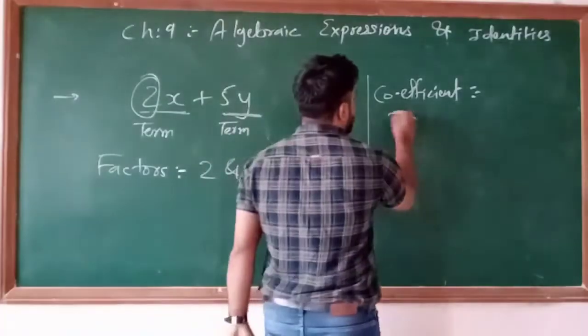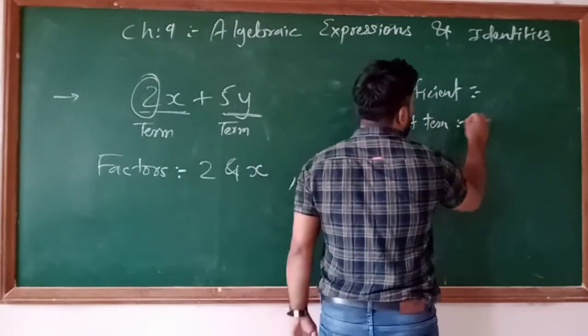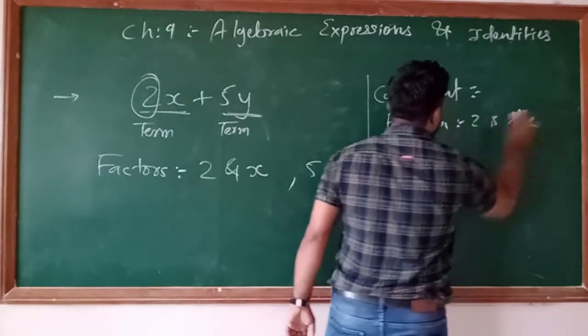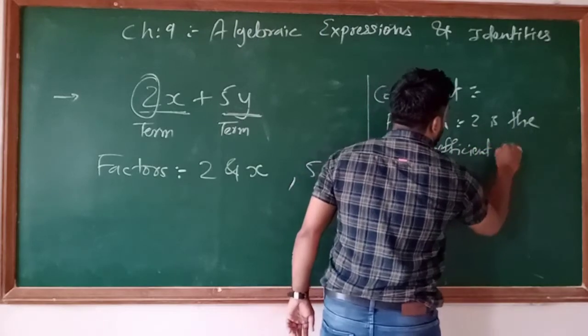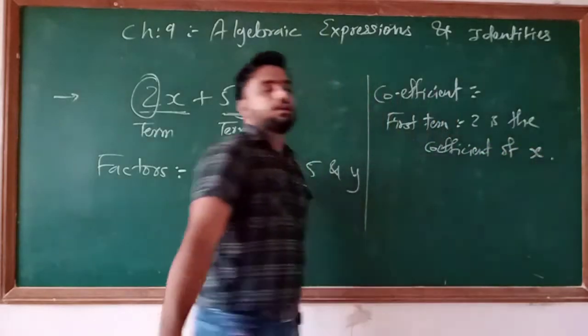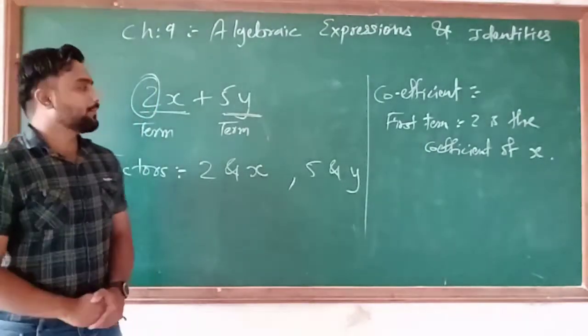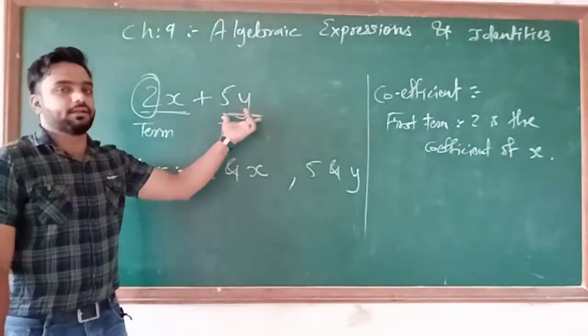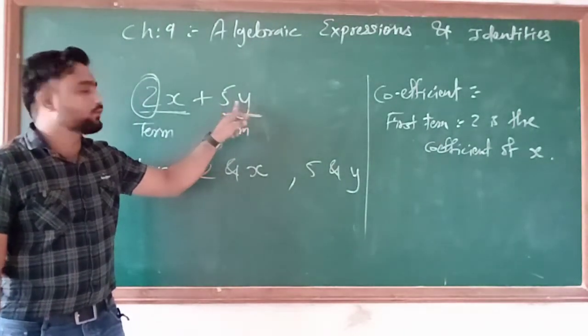So for the first term, 2 is the coefficient of x. Suppose I consider the second term. Here the unknown value, the variable, is y. So which number is with y?